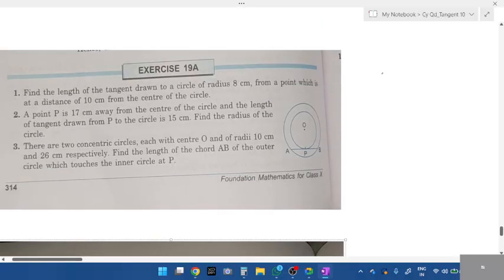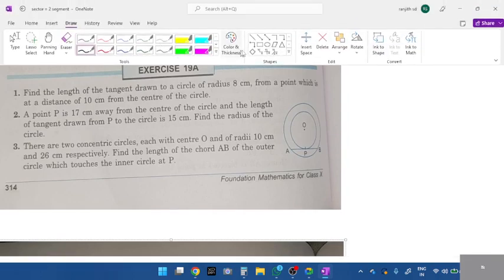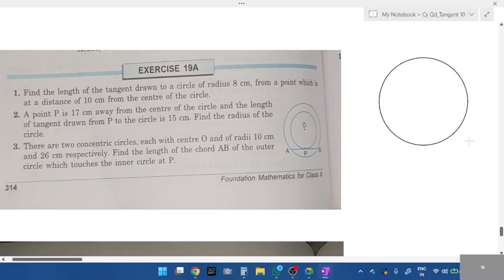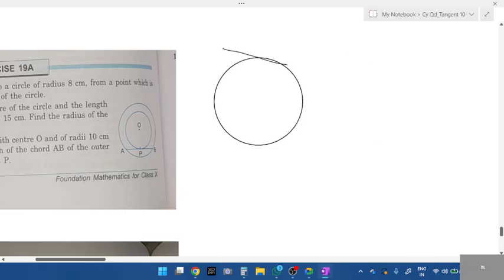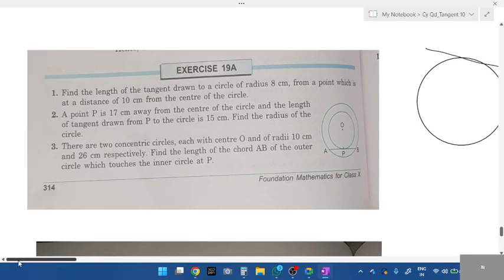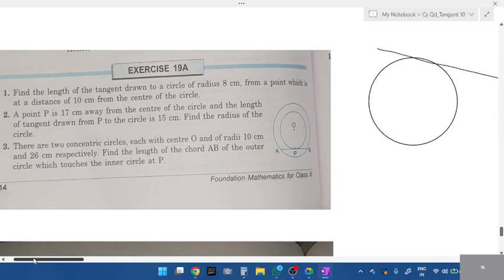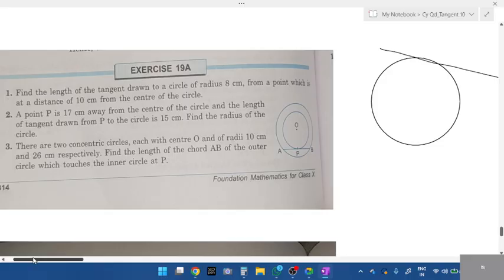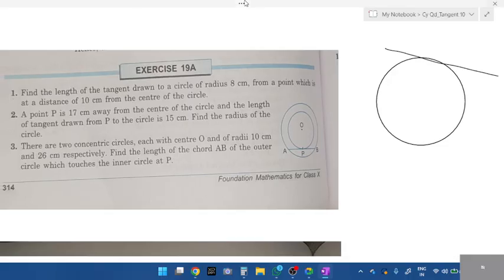I'll teach tomorrow. First, find the length of the tangent drawn. Let us draw the circle first. All of you will go through the question, students. Find the length of the tangent. The diagram is not given. You draw your own diagram. Just draw a tangent like this. Next, tangent drawn to a circle of radius. What is the radius, students? 8 centimeters.